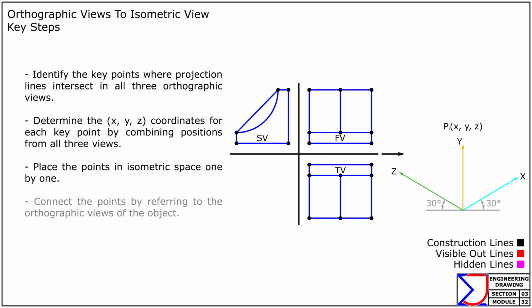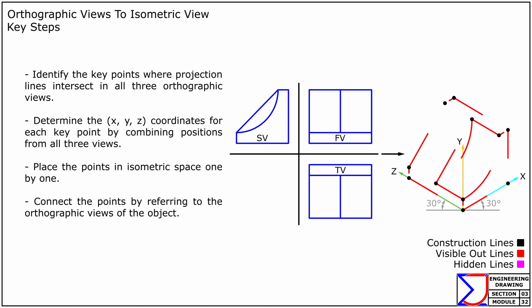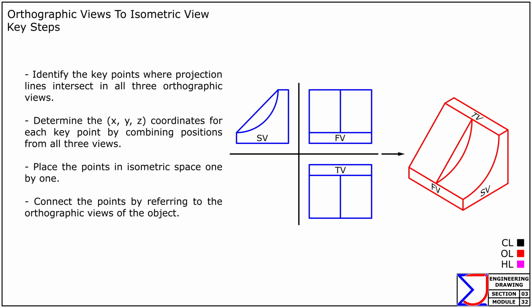Place the points in isometric space one by one. Connect the points by referring to the orthographic views of the object. With these key steps in mind, let's begin.